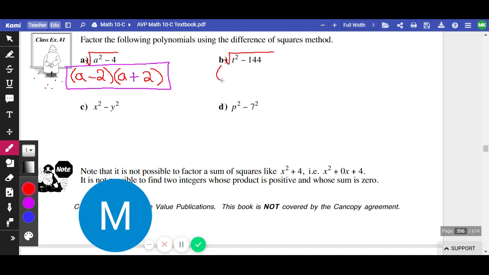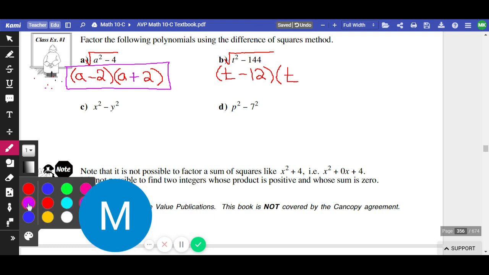That will give me t minus 12. And we know when we factor things, we should always get 2 binomials, not just 1. The other binomial is the exact same, but with a different symbol in between. I'm changing the color so it really stands out that I have 1 positive, 1 negative.